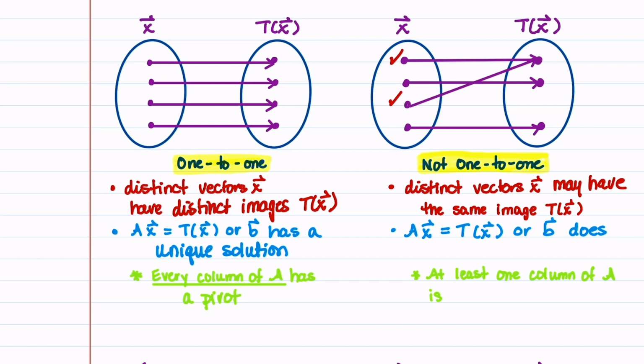This means that Ax equal to T of x, or b, does not have a unique solution. This also means that if we do not have a unique solution, at least one column of A is missing a pivot.